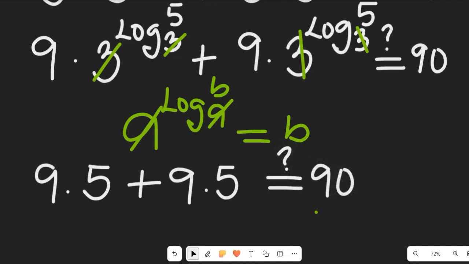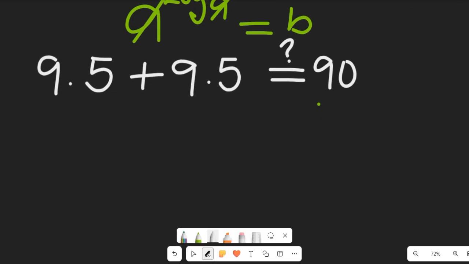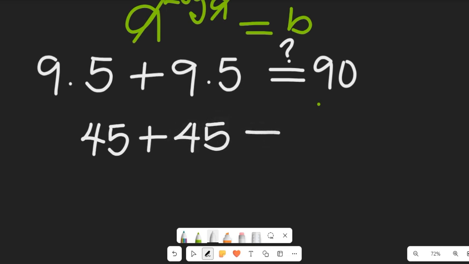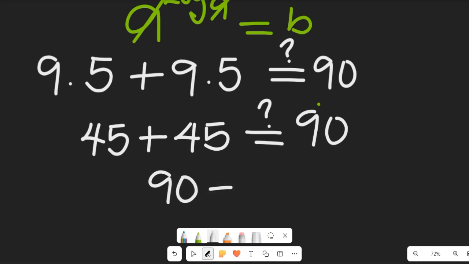So what do we have? 9 times 5 is what? 45. 45 plus 45. Will this be equal to 90? Of course it will. 45 plus 45 is 90. And you see 90 is equal to 90.